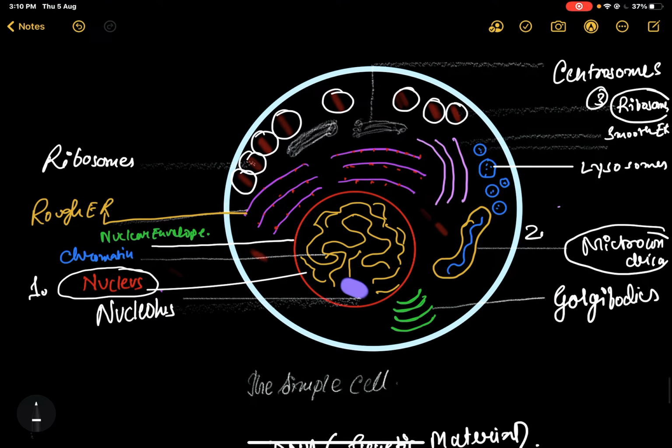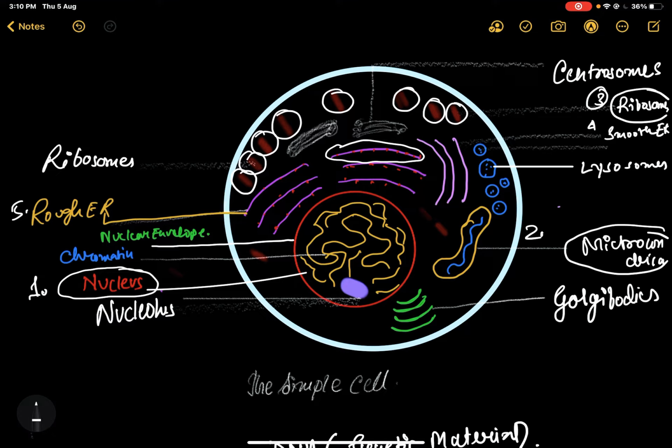This is a smooth endoplasmic reticulum, whereas this one is rough endoplasmic reticulum. The endoplasmic reticulum on whose surface ribosomes are attached is known as rough endoplasmic reticulum. So I just marked here as a label. This is 4, smooth endoplasmic reticulum, and this is 5, rough endoplasmic reticulum.